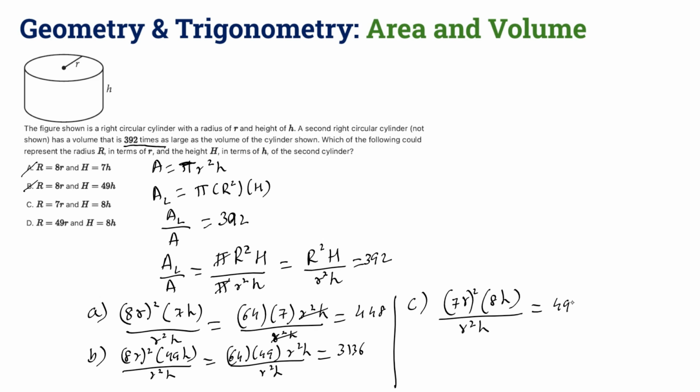So we'll get 49 times 8r square h over r square h, and this is equal to 392, which is what we're looking for, and so C is the correct answer.